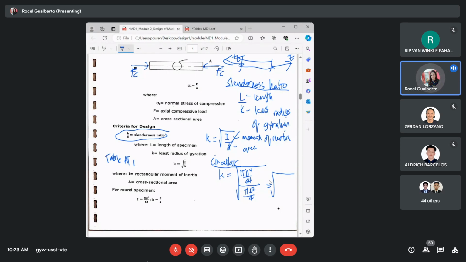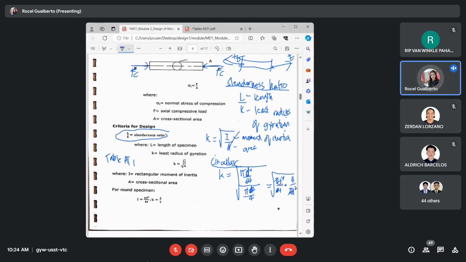So, this is pi, say d to the fourth, divide 64. Pinalitan ko lang po ng small letter, pero the same lang po yun ha. Gawin nyo na lang small letter din. Pi d to the fourth divided by 64, then multiply po nung reciprocal po nito, 4 over pi d squared. So, we can cancel out now po yung pi.